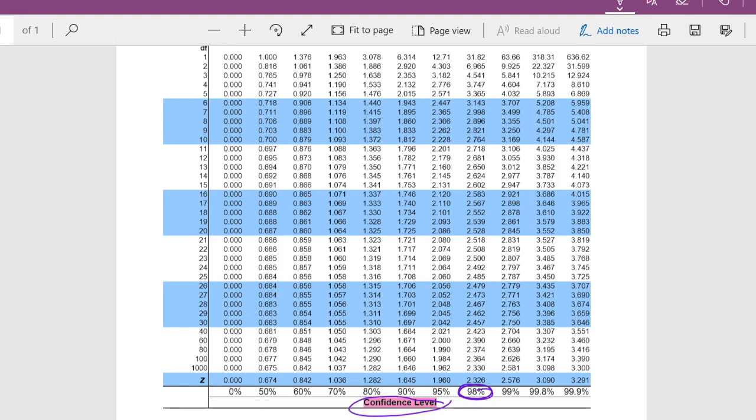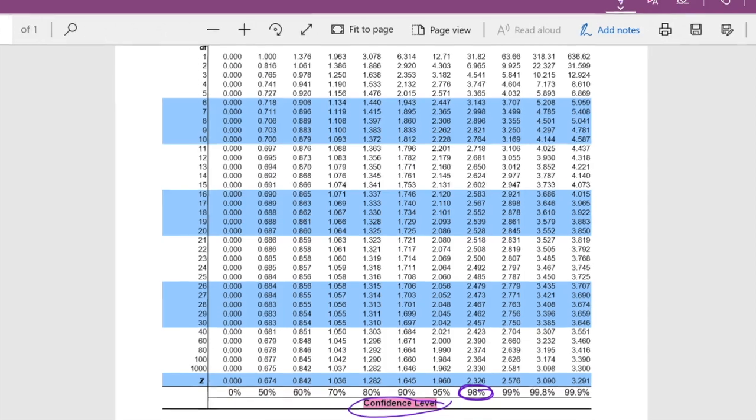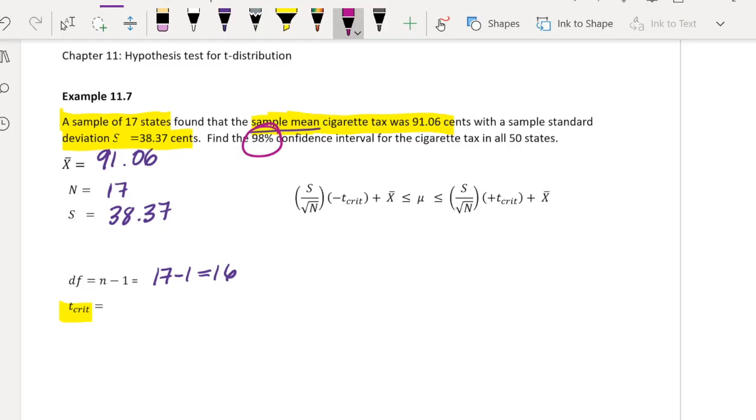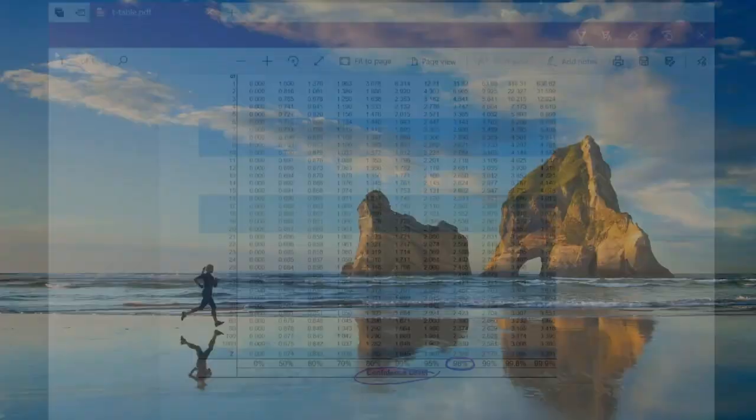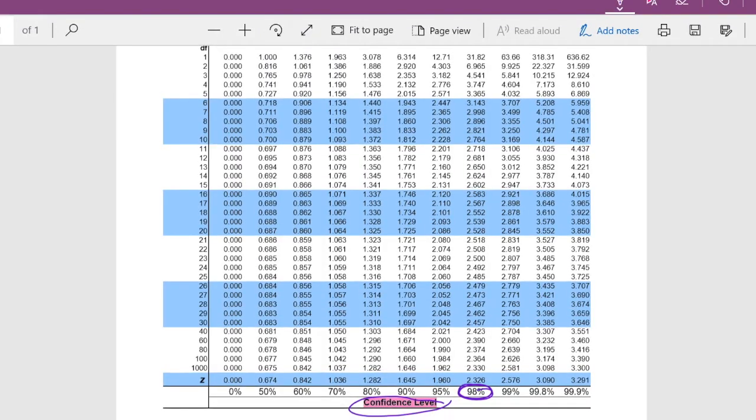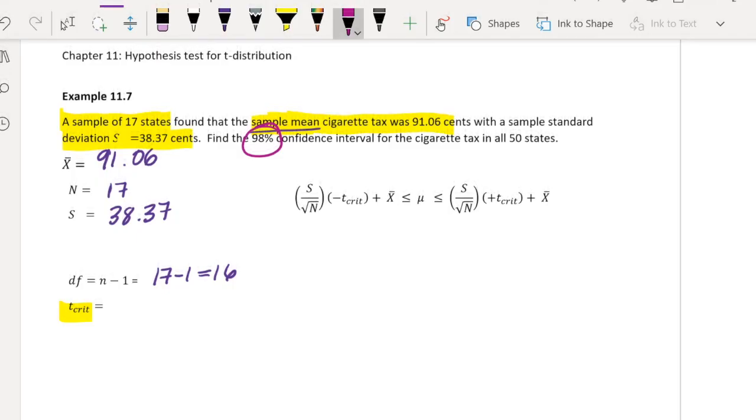And I have 16 degrees of freedom. So 16, 2.583. Okay, so let's plug it into the equation.